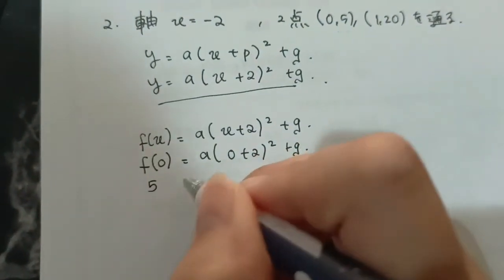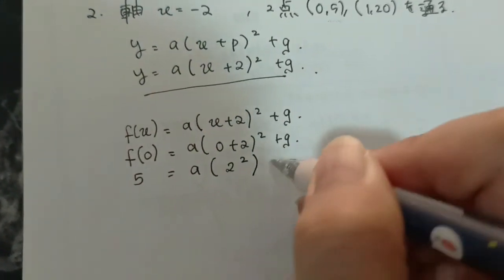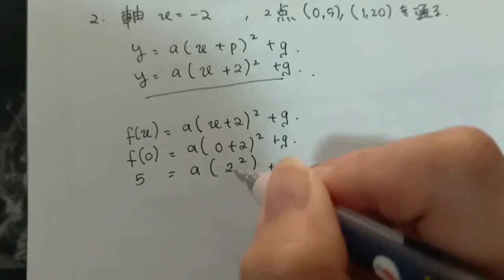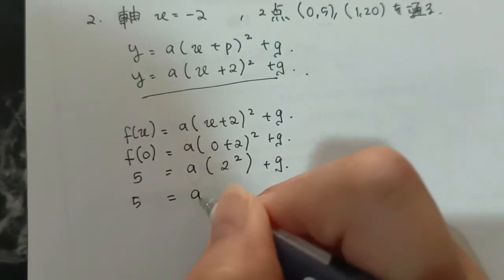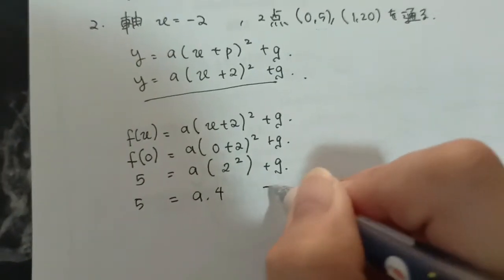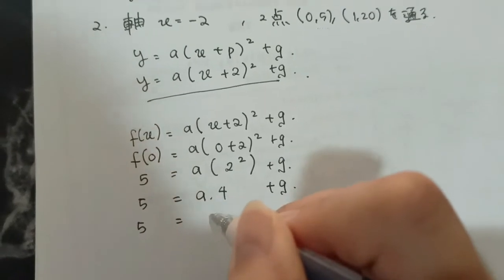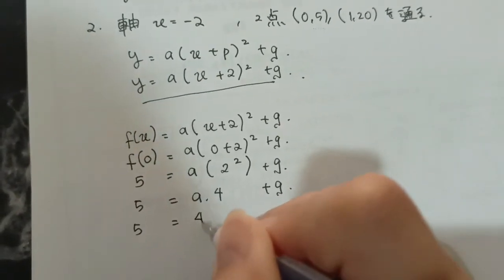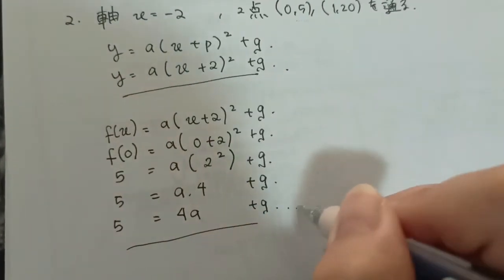So we put 5 over here. a times 2 quadrat plus q. 5 is equal to a multiply 4 plus q, or 5 is 4a + q. This is the first.